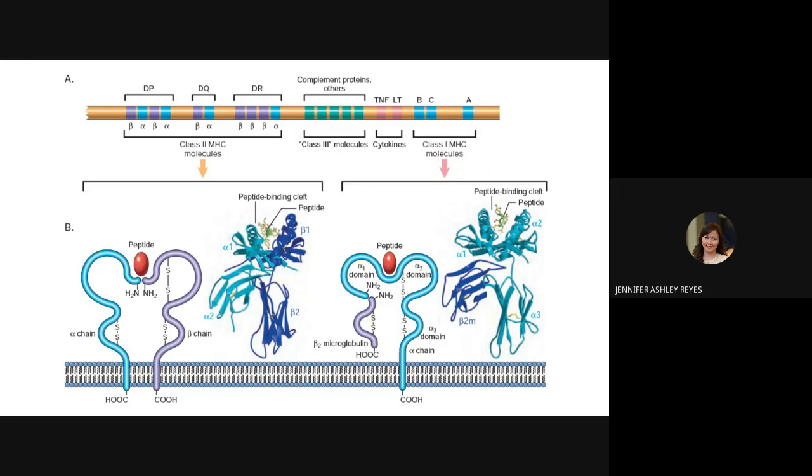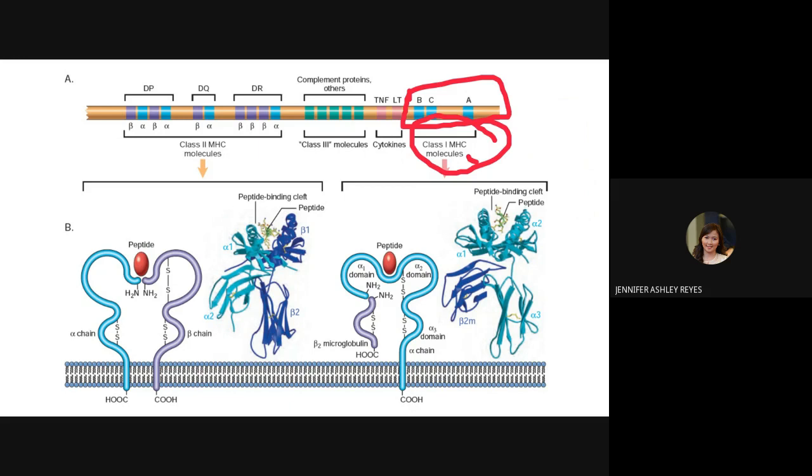So yung ating alpha chains, they are encoded by 3 genes. So ano yung 3 genes na nag-encode sa kanya? HLA-A, B, and C.